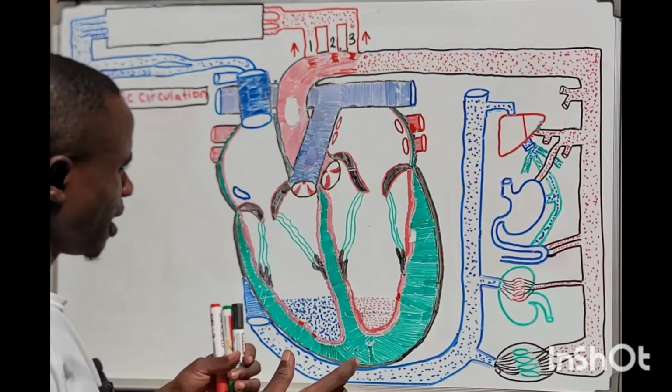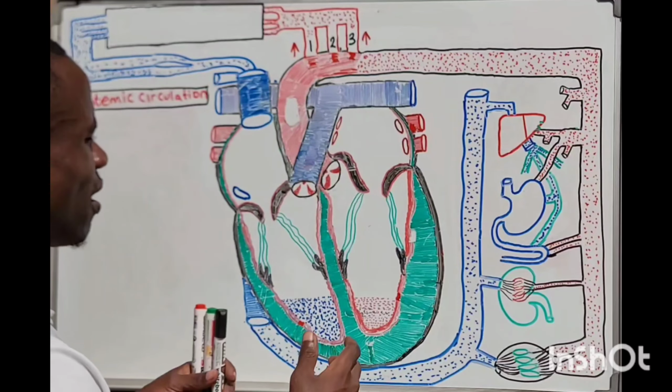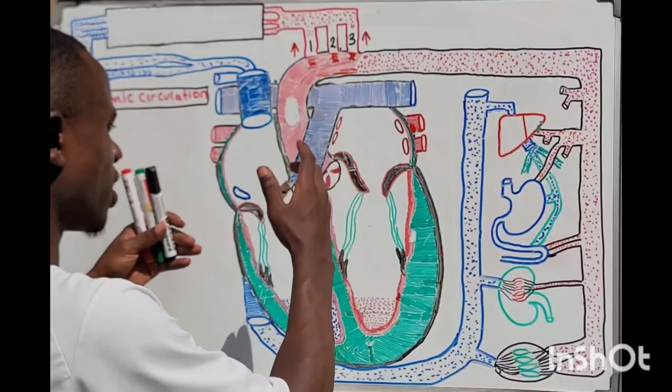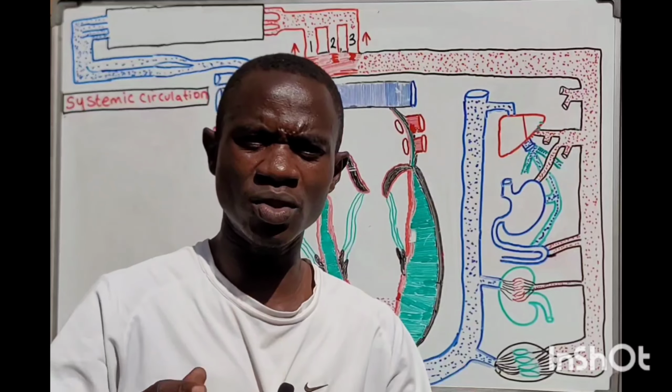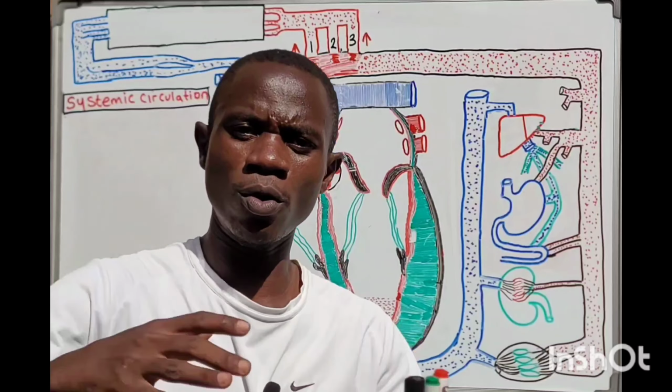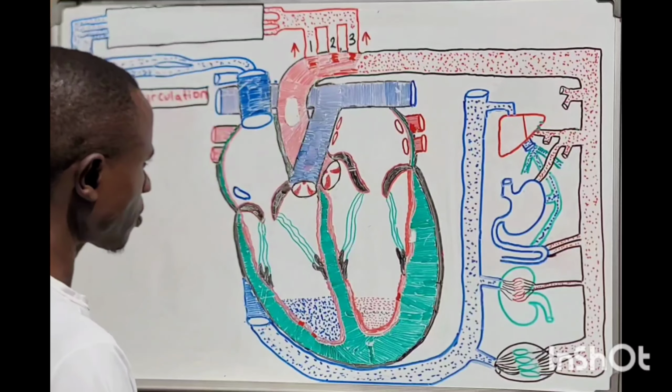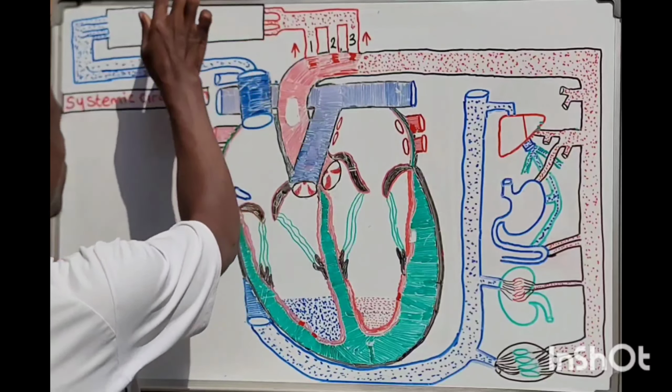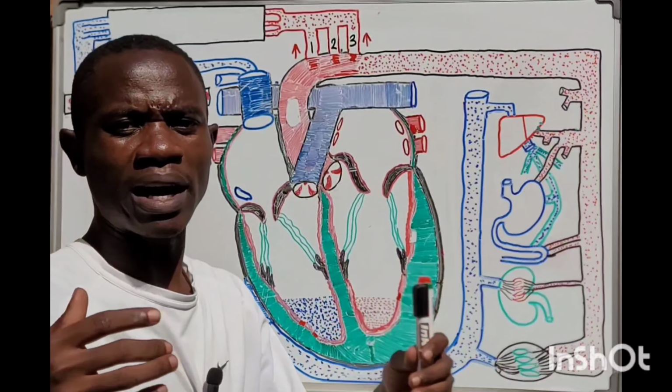But before we go into detail, let's have a brief anatomy of this structure. Systemic circulation supplies the upper extremities and also the lower extremities. This shows the different parts of the upper extremities.